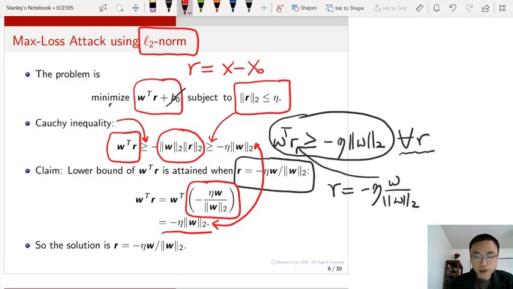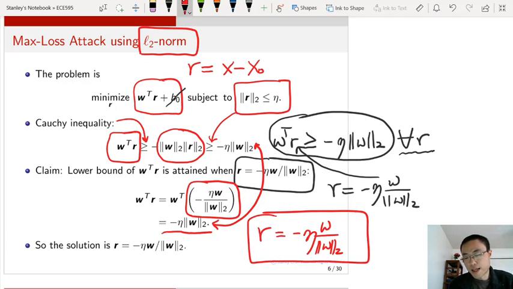Therefore, by choosing r equal to minus eta times w divided by the 2-norm of w, you reach this lower bound. The solution is indeed r equals minus eta times w divided by the 2-norm of w. So we have solved this problem with this solution.